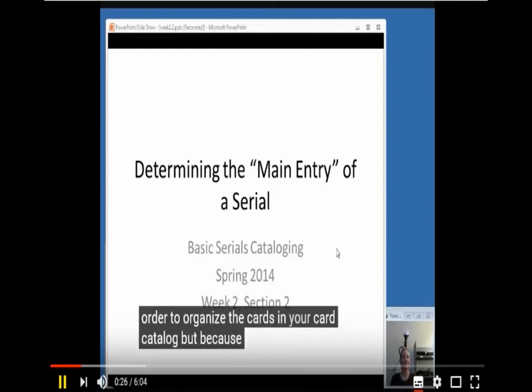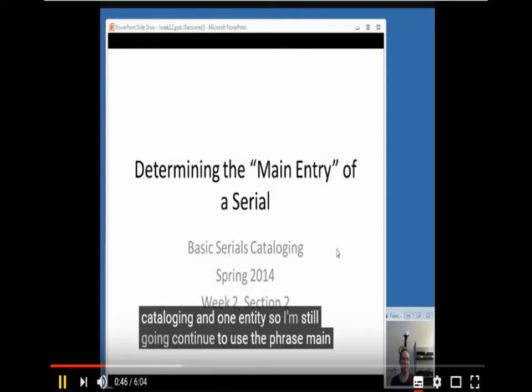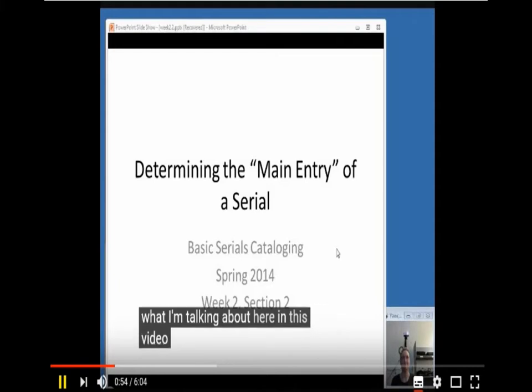But because MARC formatting still requires there to be only one XX field in a record, we still need to determine sort of the primary relationship between whatever we're cataloging and one entity. So I'm still going to continue to use the phrase main entry even though it's not actually a part of RDA terminology, but I think it's the most succinct way to describe what I'm talking about here in this video.